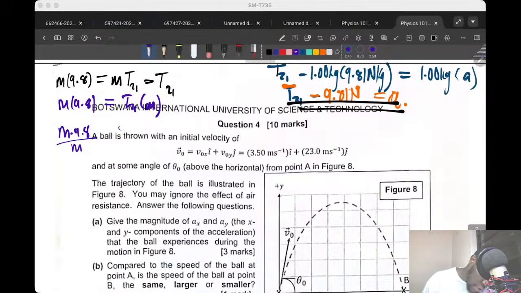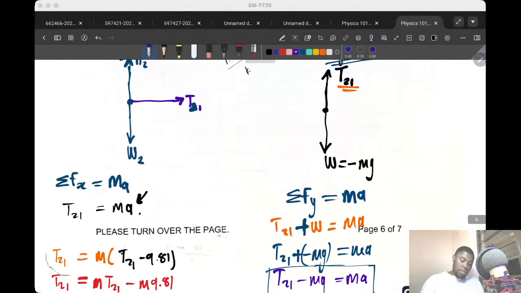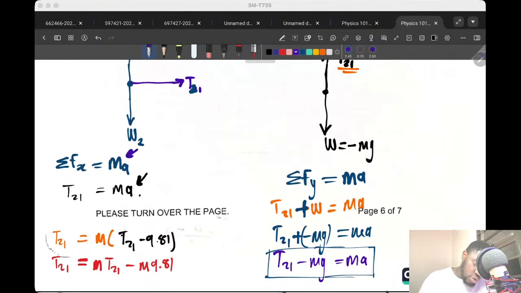So you'd be saying here, what is the m? This m here is going to be this one, which is 2 kgs.